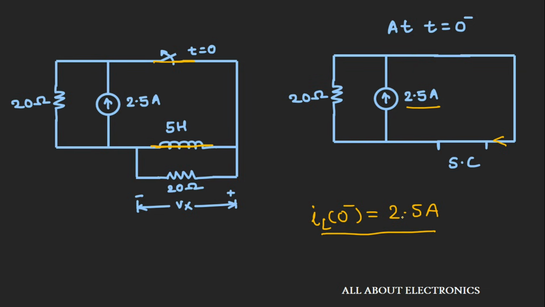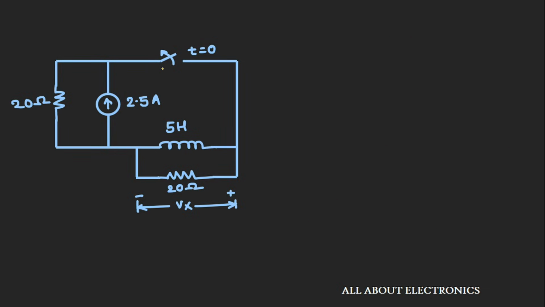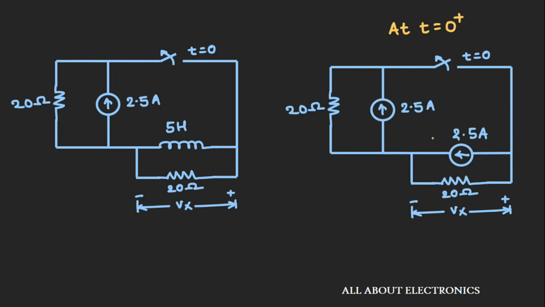Now let us draw the circuit at time t is equal to 0 plus. As we know, the inductor opposes the instantaneous change of current. So at time t is equal to 0 plus also, the current flowing through the inductor will be 2.5 ampere, and it will act as a current source with a value of 2.5 ampere. So at time t is equal to 0 plus, the circuit will look like this.